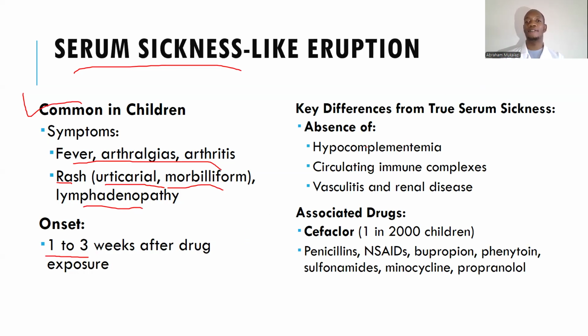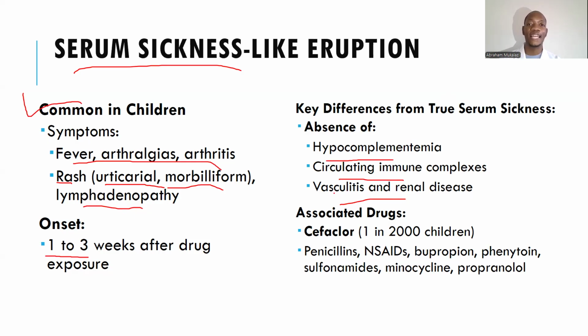And in this case, it can be differentiated from true serum sickness because in serum sickness-like eruption, someone will not have hypocomplementemia. So in this case, the complements are okay. When you do the complement levels for each enzyme and protein, everything is fine. And someone has no circulating immune complexes, and there is no vasculitis or even renal disease involvement as in true serum sickness disease.